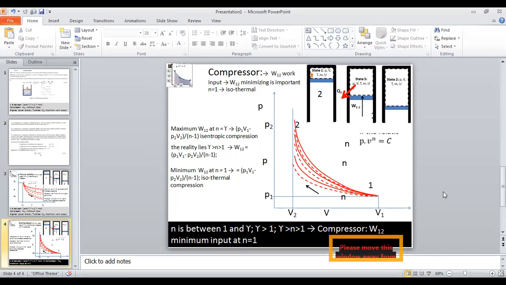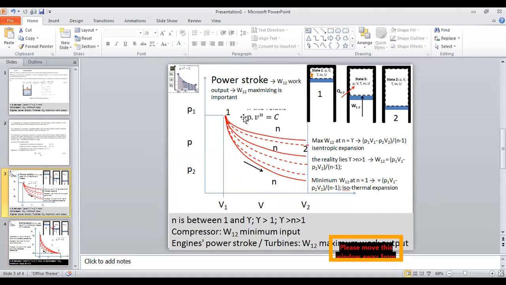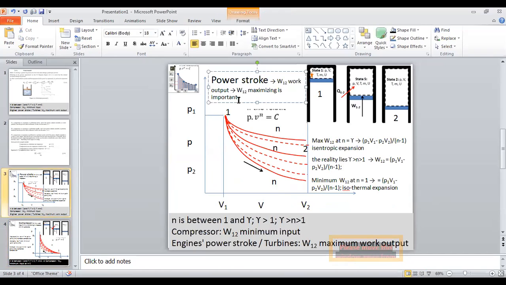Okay. So now you have some general understanding for the power stroke, or the delivering of power, work output. Maximizing is important. Then n is gamma.